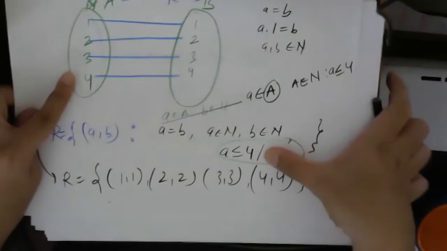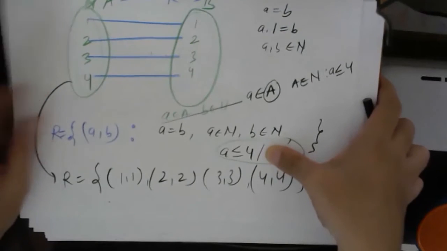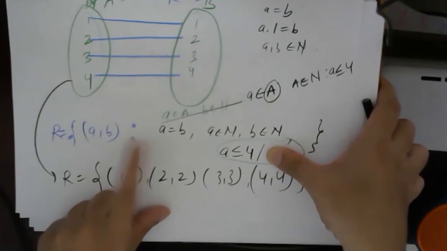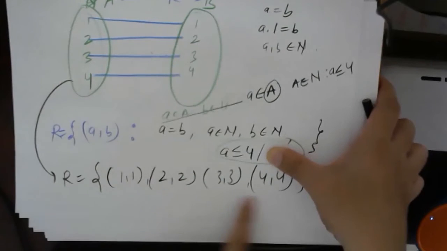Yeah, we can write both A and B as less than or equal to 4. There is no problem in that. We are only concerned about the output. Suppose I forget to write B less than or equal to 4, what will be the output of this? The output will still be this.